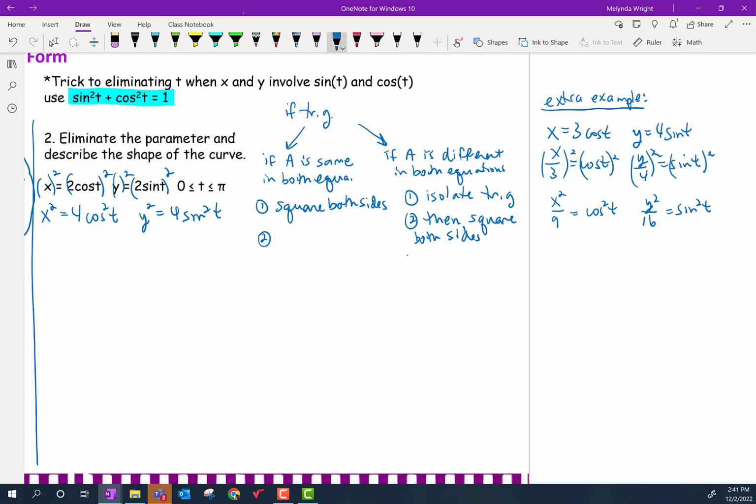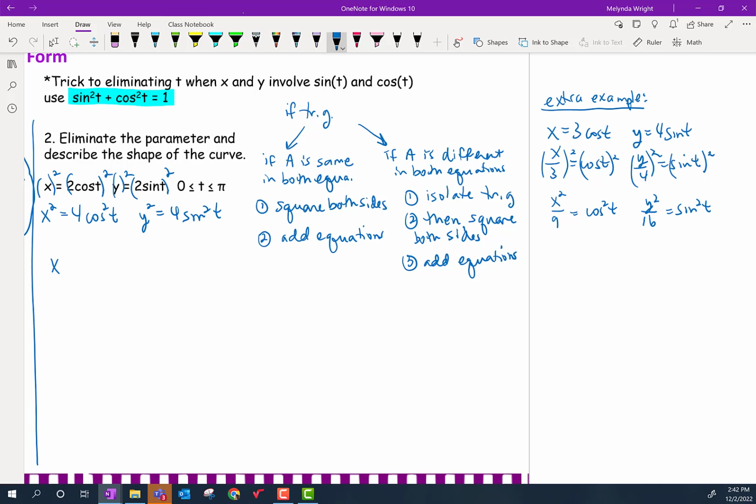Step 2 and step 3, we're going to add the equations together. And we know we can add and subtract equations before. We do that when we do solving systems with elimination, right? We've done that before. We've subtracted equations. We know that's a thing. The only thing you need to make sure is that the equals are lined up.